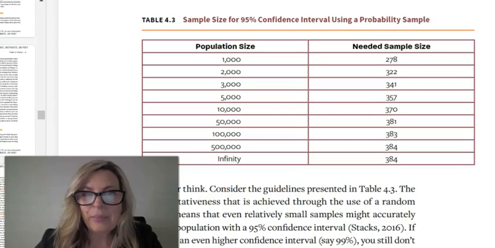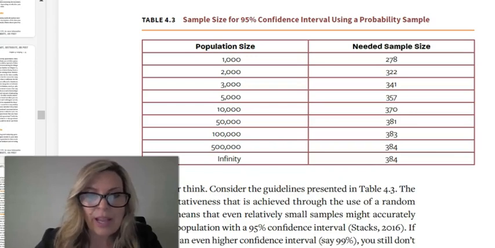So this is sample sizes for a 95% confidence interval using a probability sample. So if your population size, for example, is 1,000, then you need a sample size of 278 to achieve a 95% confidence interval, right? So if you want a higher one, you would sample more. If you are fine with a lower confidence interval, then you could sample less. And that's what we're looking at here.